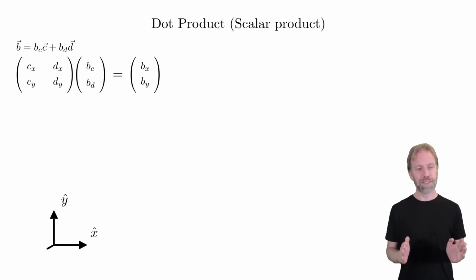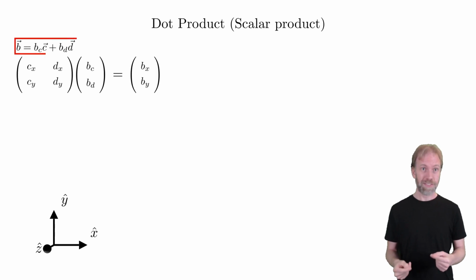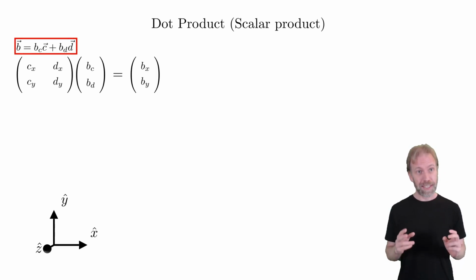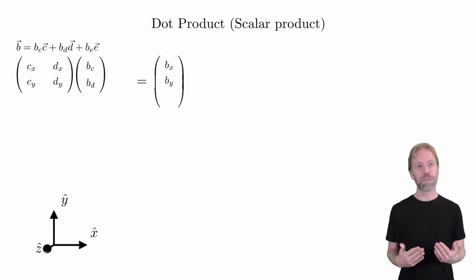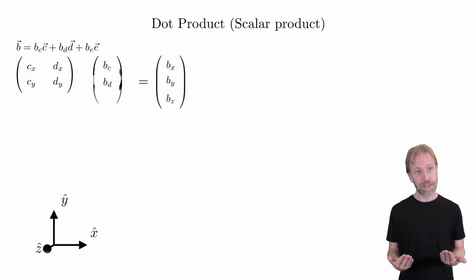Let us do the same illustration in 3D. We'll first add the vector E, as we need 3 vectors to describe B in 3D. The system of equations will now become a 3 by 3 system.